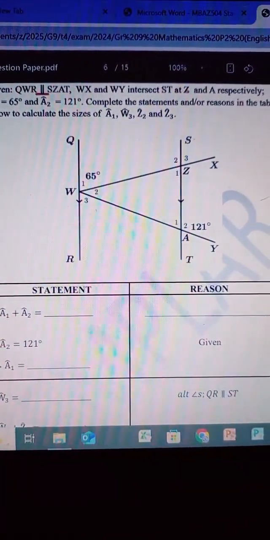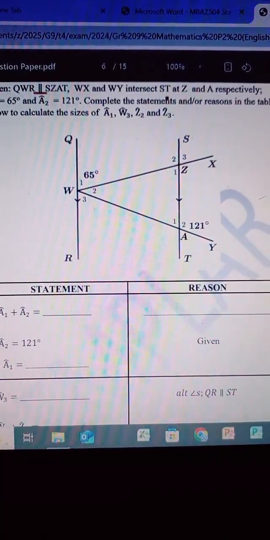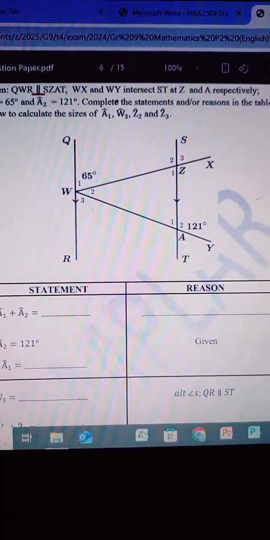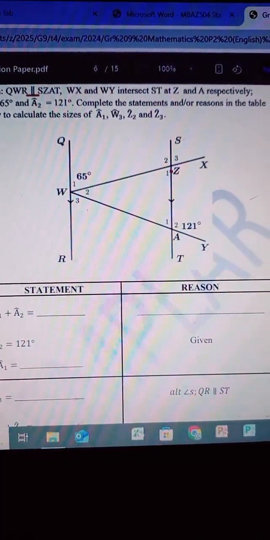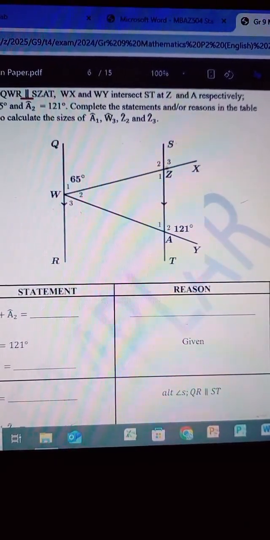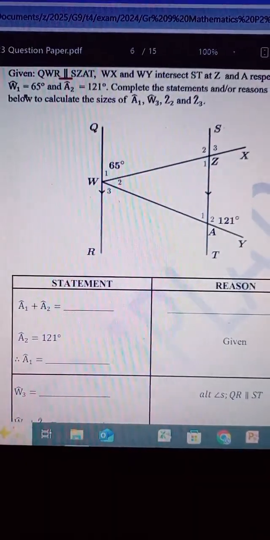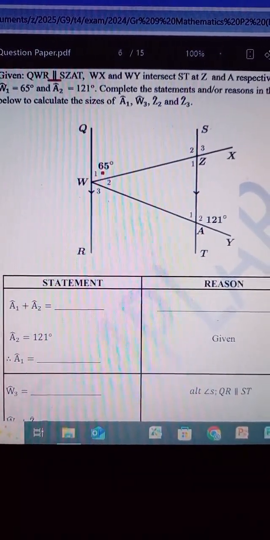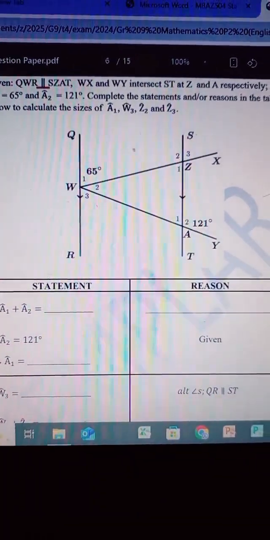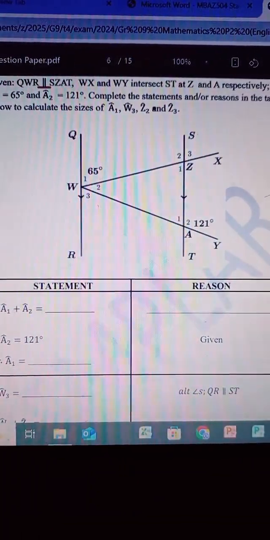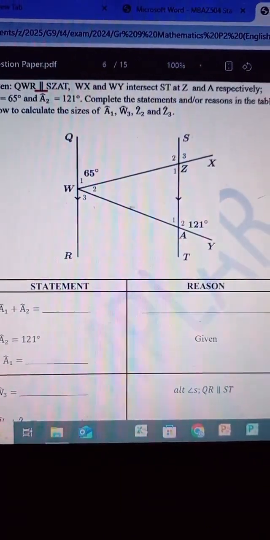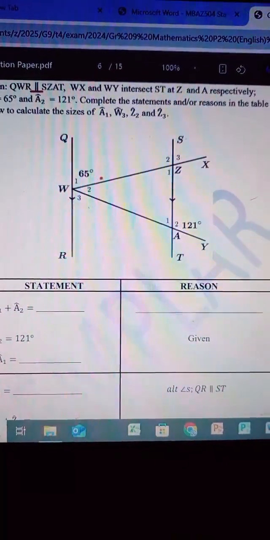So WX and WY intersect ST, which is a straight line, at Z here and at A, which is this point, respectively. W1 is 65, and A2 is 121. Complete the statements and reasons in the table. So everything is written on our diagram.